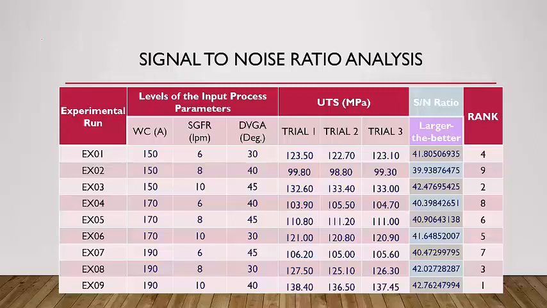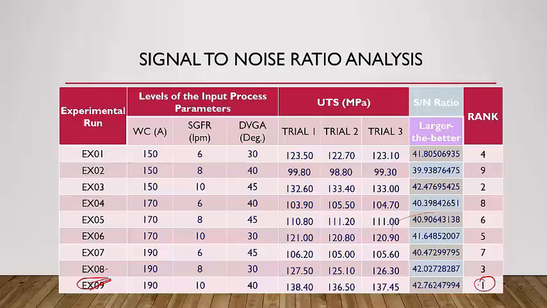So in this case, experiment 9 is ranked as 1. Therefore, it can be concluded that this input factor combination yields maximum ultimate tensile strength with the minimal deviation.